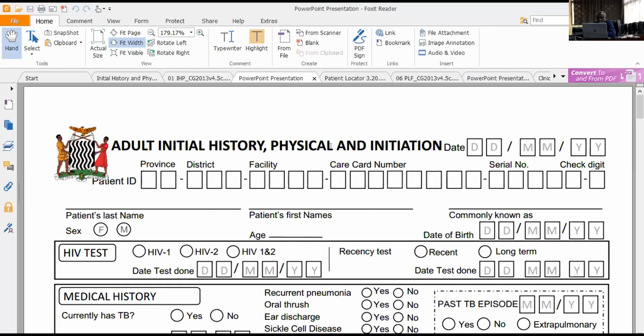Everyone should be using this. If you've not received, please get in touch with MOH. You get these forms, and you have to drop the old forms we've been using, including the famous short visit. Let me mention that the famous short visit is being used again countrywide in some facilities. So these are the official forms. They are supposed to be used like yesterday. Thank you.